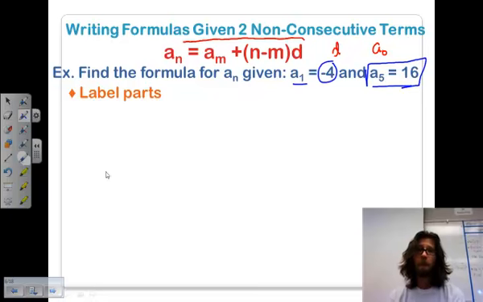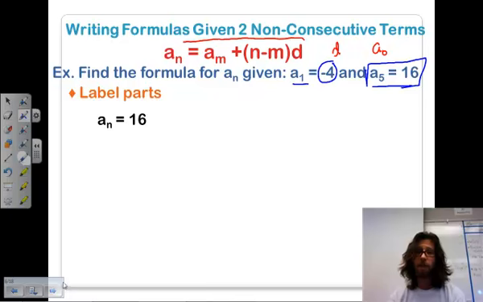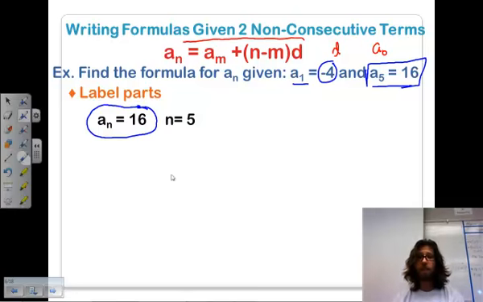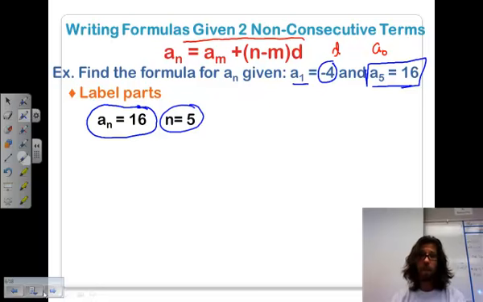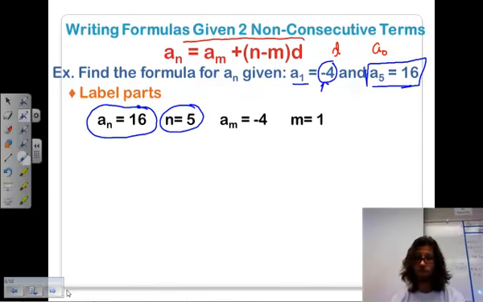So first off, if we say that a sub n is equal to 16, then we can find that n is basically just 5. And if we say that a sub m is equal to our other term here, -4, then m would be equal to 1.